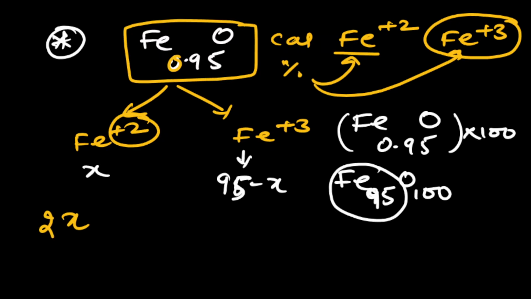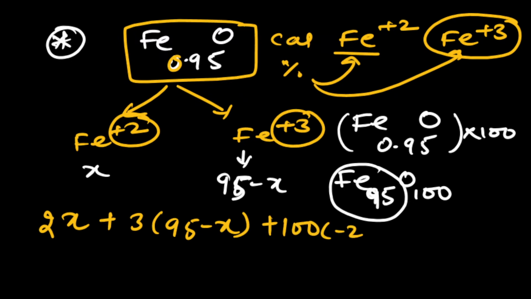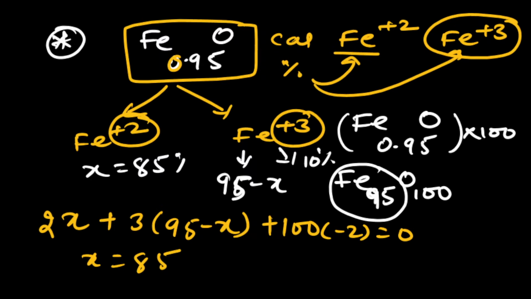So 2X plus 3 times the Fe+3, which is 95 minus X, plus 100 times minus 2 is equal to 0. Then if you calculate, you will get X as 85. Then 95 minus X will give you 10. So 10% is Fe+3 and 85% is Fe+2 in the compound.